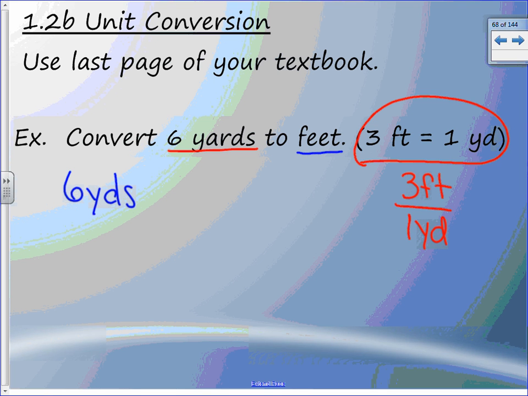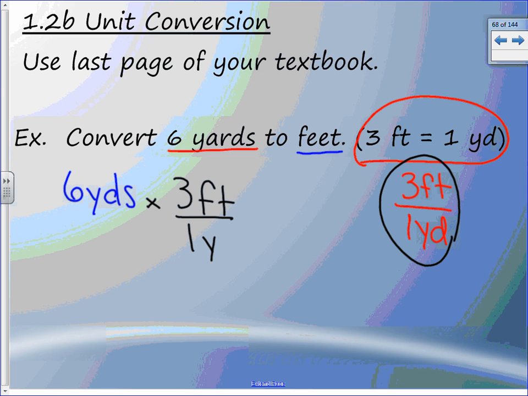So in this case, if I keep the conversion factor as it is and just multiply it as it is, 3 feet over 1 yard, then, do you guys see? The yards cancel because yard over yard, numerator over denominator cancels, and then all I have left is feet, and feet is in the numerator. And so all I need to do now is multiply across, and I get 18 feet.